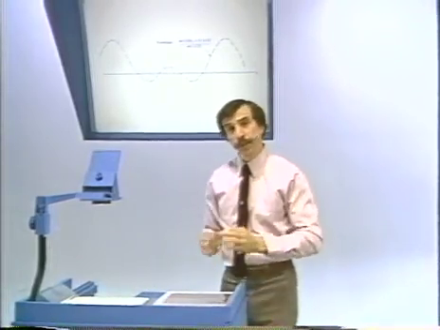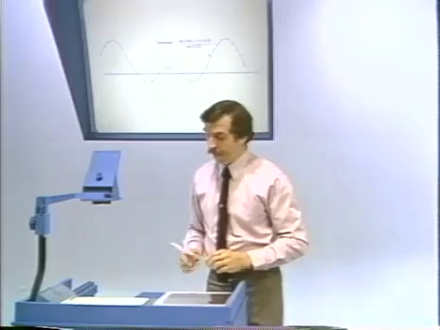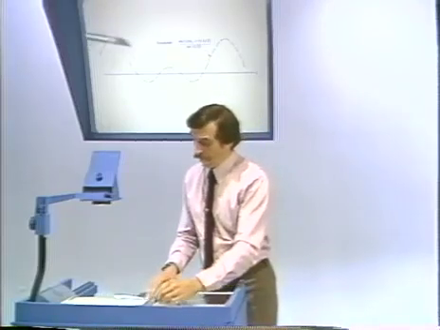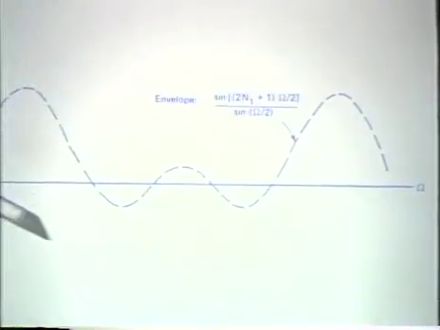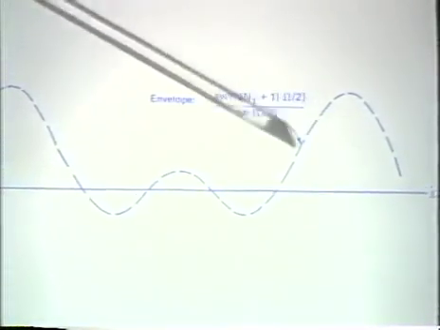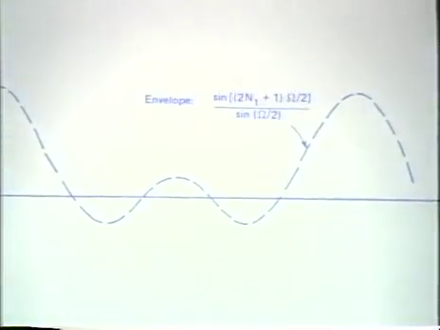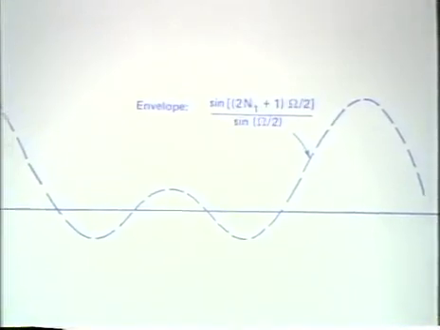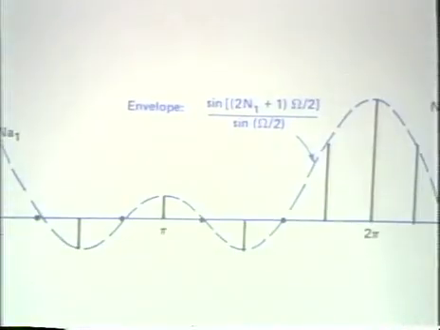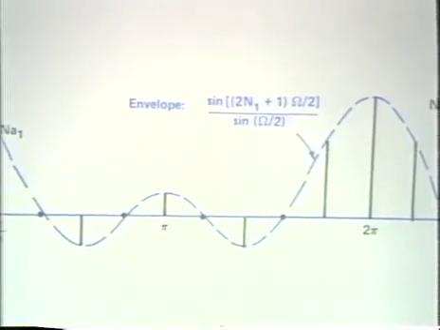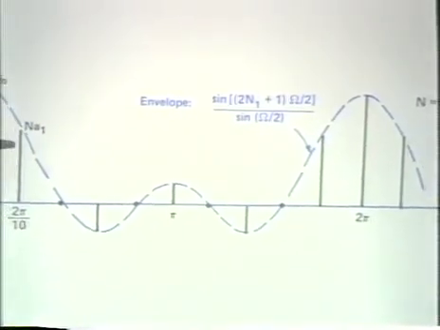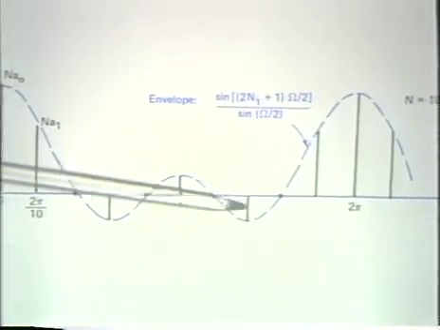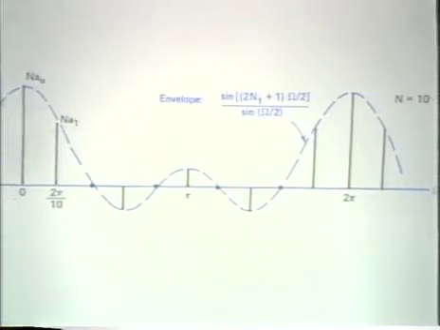So for this square wave example, we have the sine nx over sine x envelope function, for a particular value of the period, here a period of 10 samples. Samples of this envelope function then represent the Fourier series coefficients.